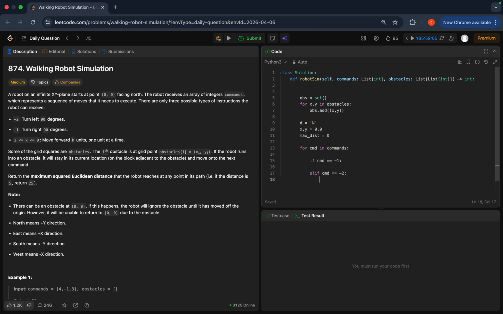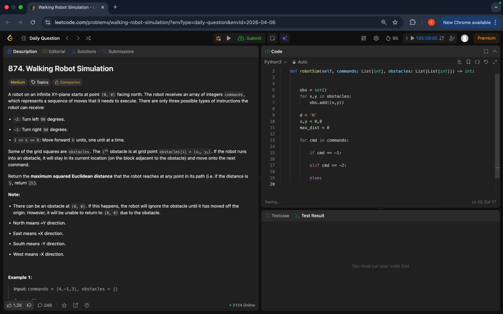So you have these two commands, and then else you have the other part which ranges from positive 1 to positive 9, right? So this is how you will handle this. I will have it as pass for this, and now we will fill in this actually.